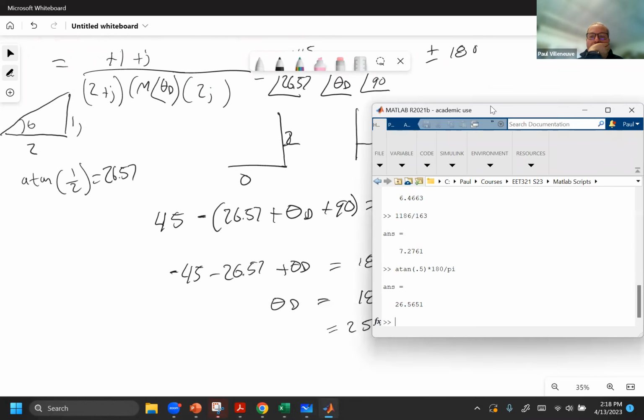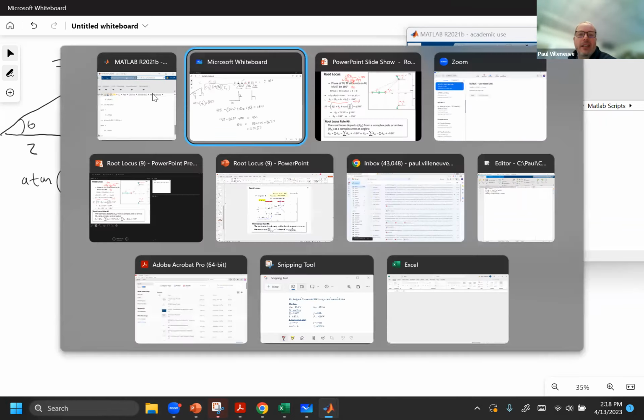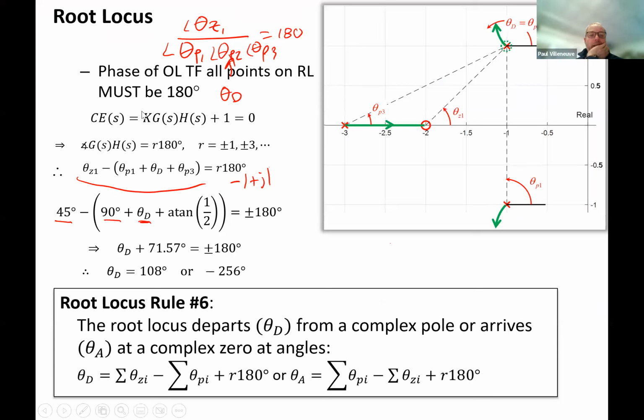The other option, well, I don't know if I can do that as another option. But 251.57. Okay. Questions on that? Let's see how that compares to this. So let's see, 71.57, 45 minus 90.